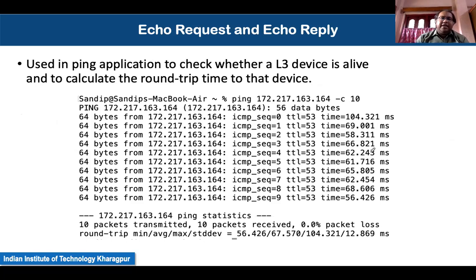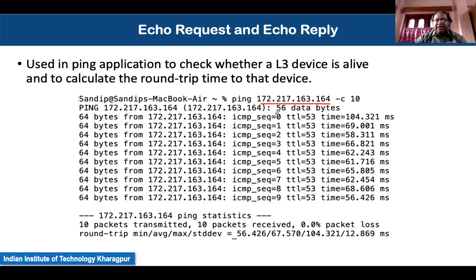They are used in a popular tool called ping. The ping application is used to check whether an L3 device is alive and to calculate the round trip time to that device. I think all of you have used ping. If you ping a particular machine, say 172.17.160.164, it keeps on sending IP packets to this machine.